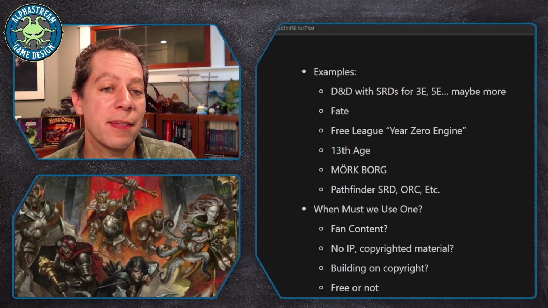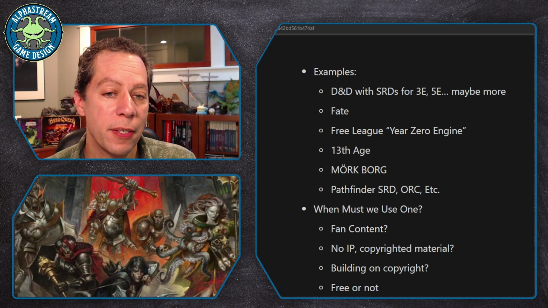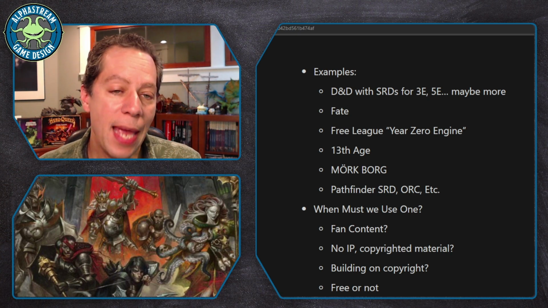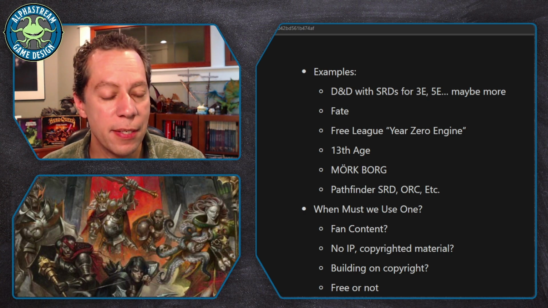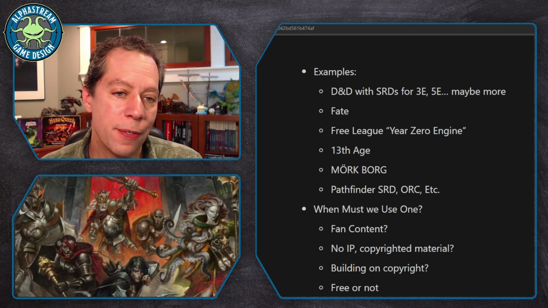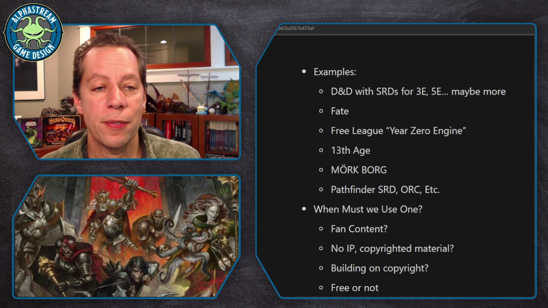Free League has recently been adding a number of their awesome games into what they call their Year Zero engine, which is available for use. 13th Age has an open gaming license, both through the OGL and its own mechanism. Mork Borg, Pathfinder, which is also creating an ORC license, and a number of other examples that are out there.